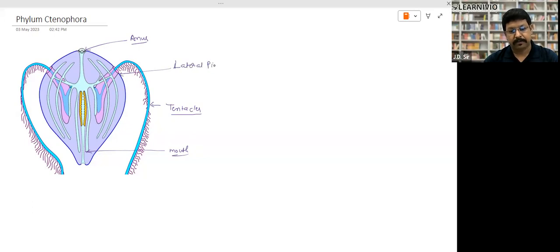These are the lateral pits from where the tentacles come out, and these are the comb plates. They are the comb plates, and they help in swimming, right? Canal opening, lateral opening, that I have told you. And the name of this organism is Pleurobrachia.